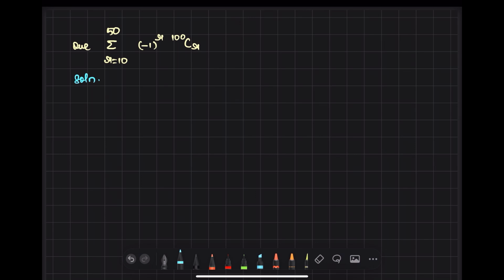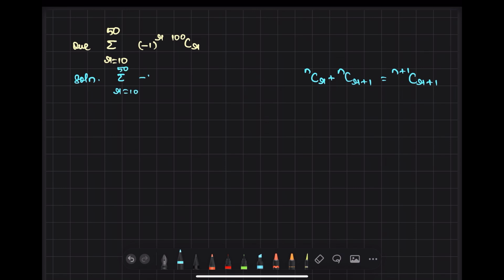Do you remember that we have one result where it says nCr plus nCr+1 gives us what? n+1 Cr+1. We will apply this same logic over here. So the idea is r starts from 10 to 50.